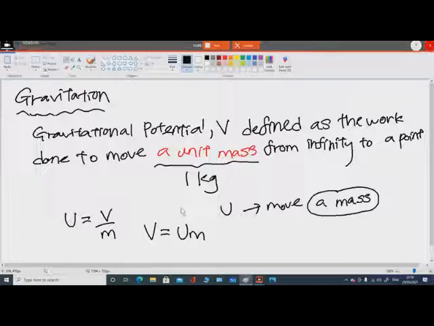So this is how we determine the gravitational potential qualitatively. There's also a quantitative expression for gravitational potential, so let me show you that.